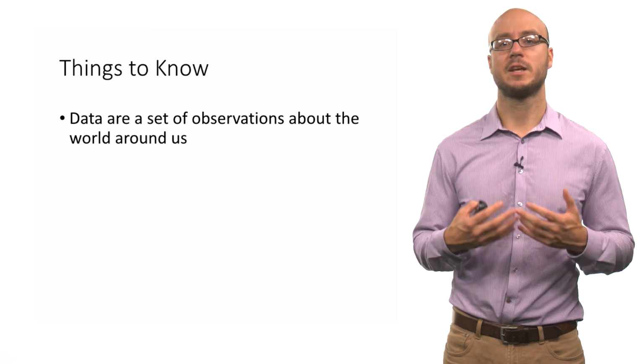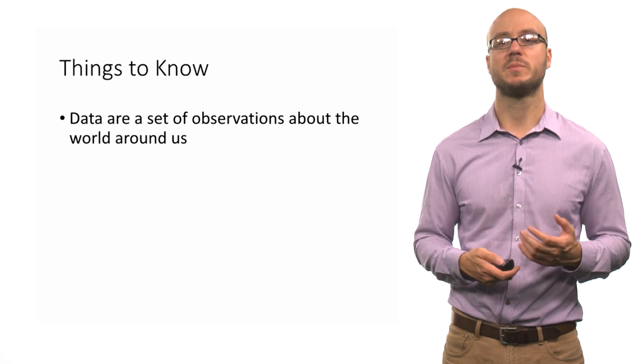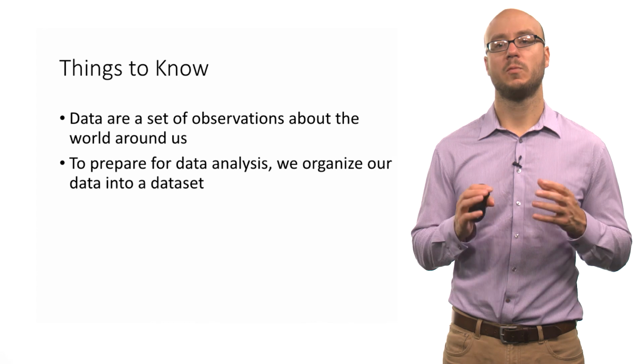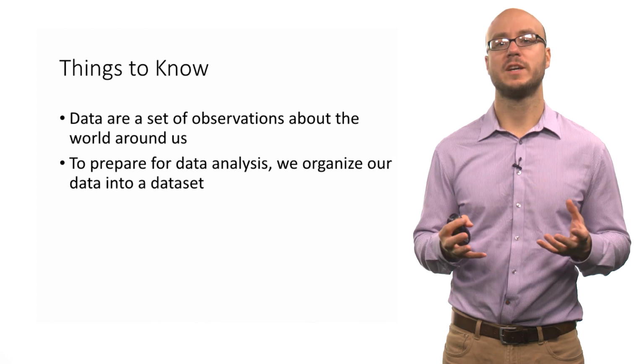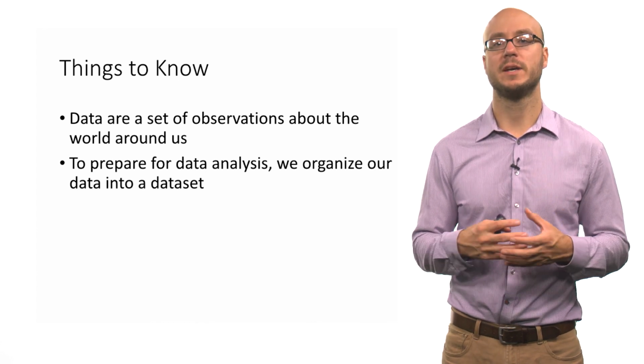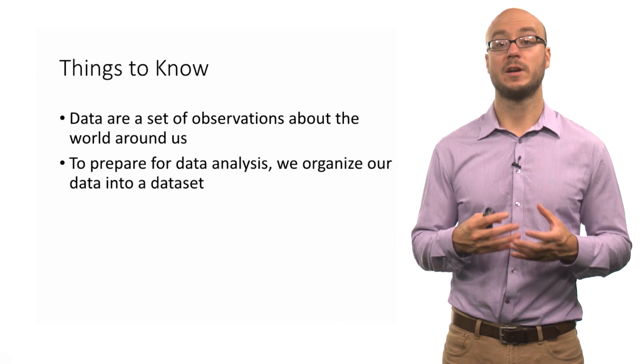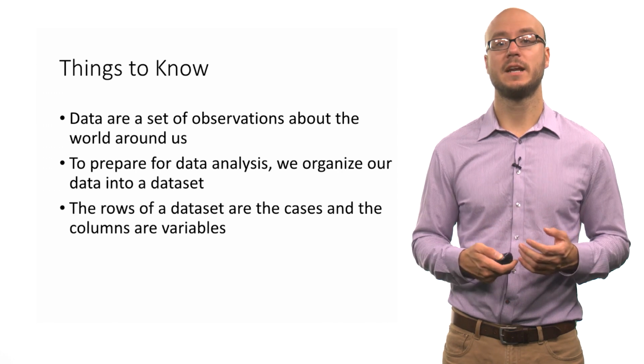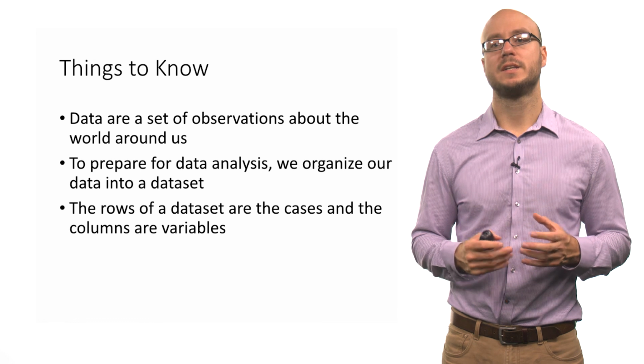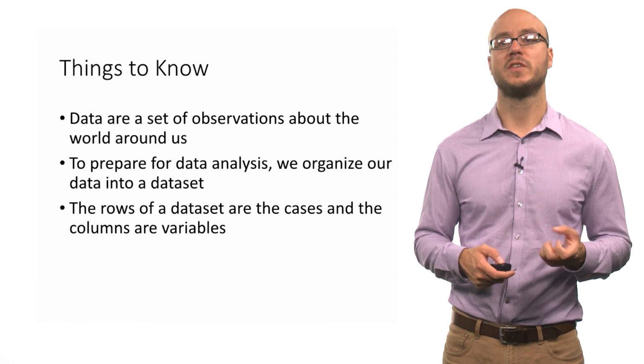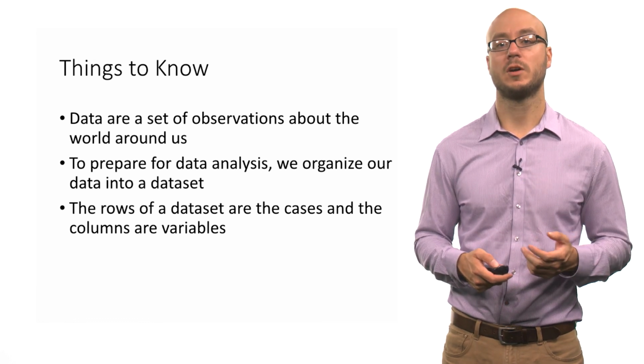So for this first part in our discussion of what a data set really consists of and our introduction to data, you should know that a data set really consists of a set of observations about the world around us. When we take raw observations and we organize them into a data set, sometimes known as a data frame, the rows of a data set are the cases or observational units, and the columns we call variables.